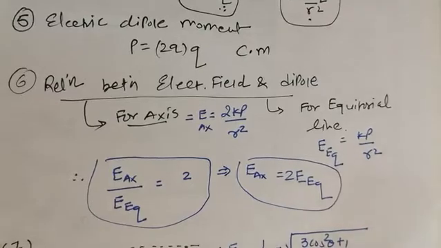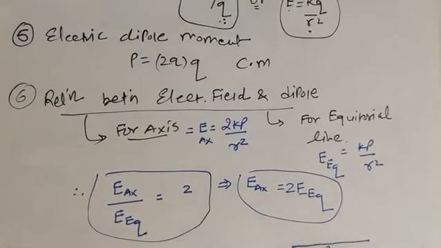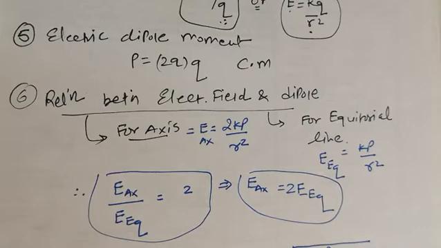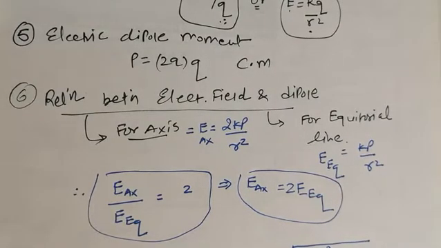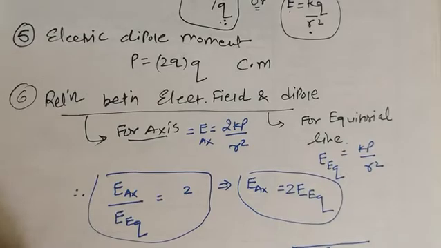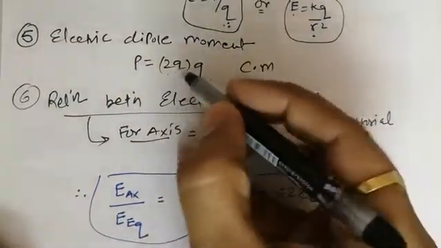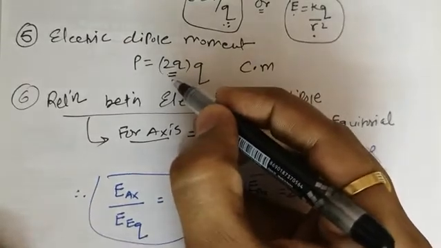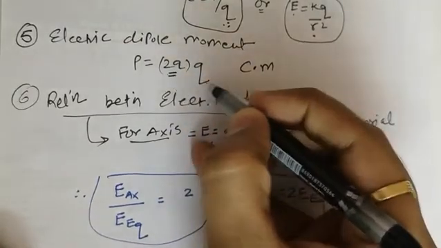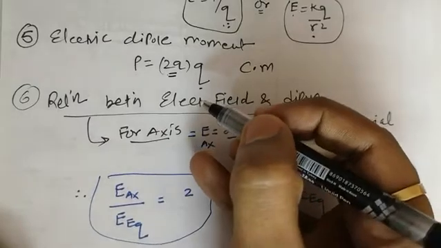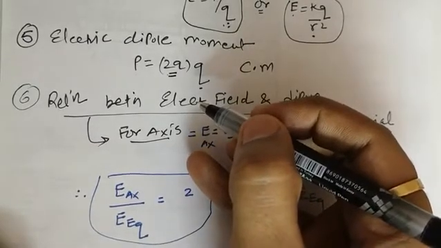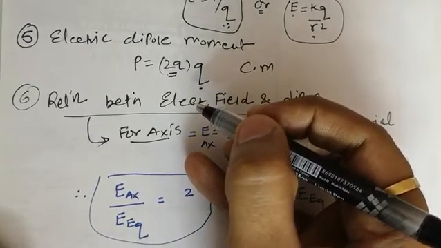The fifth part is one of the most popular, and from the MCQ point of view, be careful. Some people get confused because of the charges, their values, and different notations. P equals 2aq. Here 2a represents the distance between the two charges, and q is the charge, the magnitude of the positive charge.